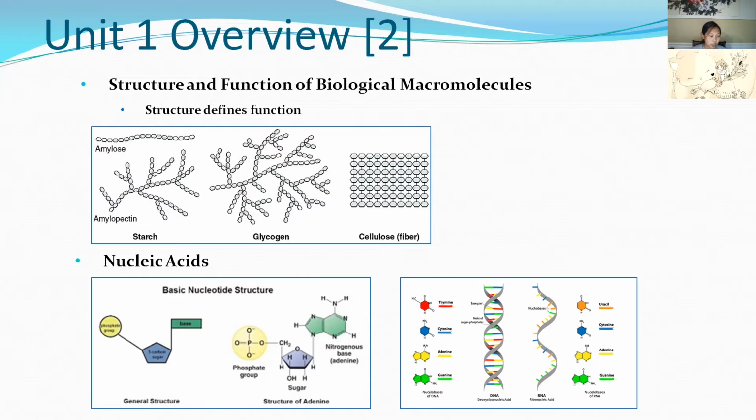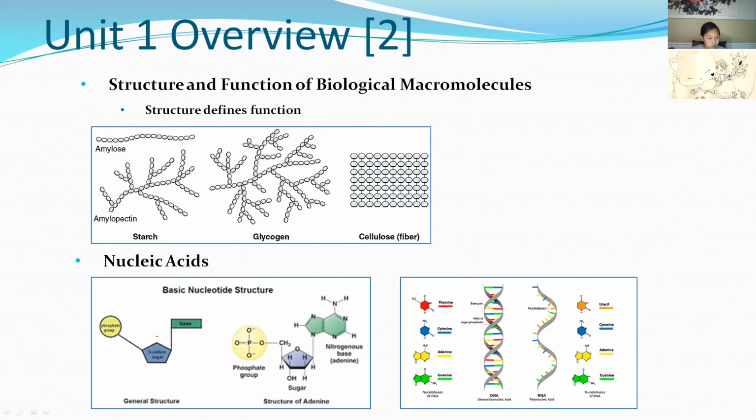Then there's a deeper dive into nucleic acids. So basically you get a general structure and then some other stuff that you need to know. One thing is that just for future reference, I might talk about this a little in future slides, but in nucleic acids, there's a phosphate group, a base, which is either thymine, cytosine, adenine, or guanine, and then a 5-carbon sugar.